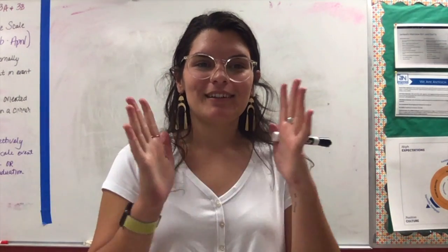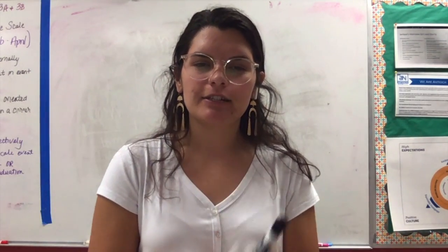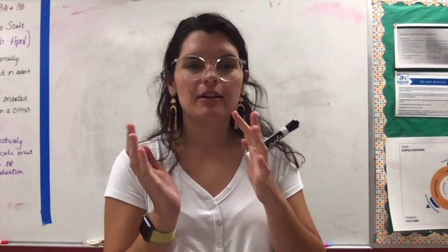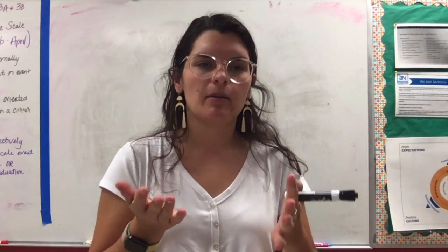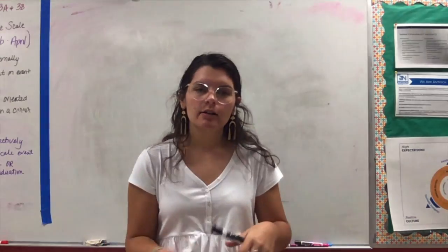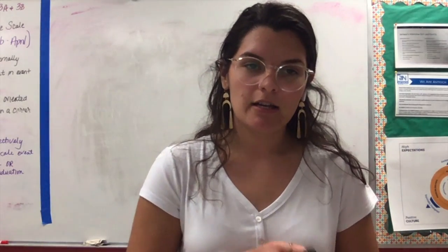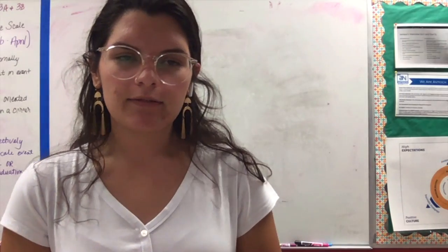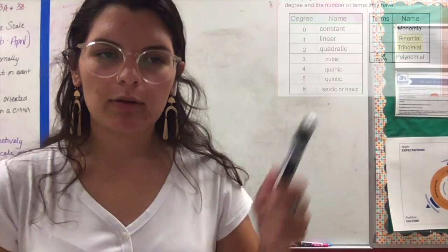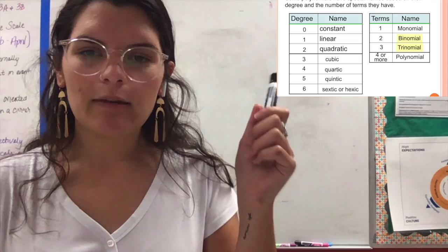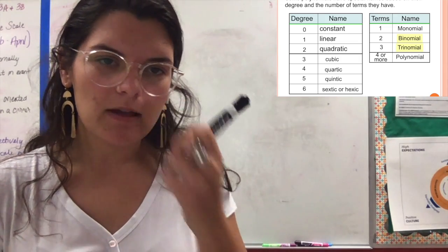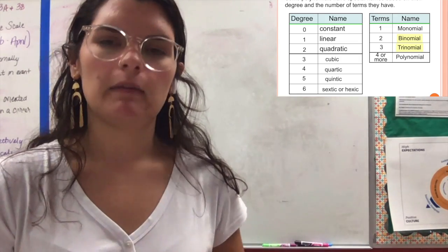Okay, so now that we know how to find the degree of our polynomials and we know what the names of our polynomials are, we're going to learn how to name these polynomials by their degree. This one's a little more difficult for me to show on the board, so I'm going to put our chart over here, and we're going to reference this chart when we find the degrees when we're trying to name them.